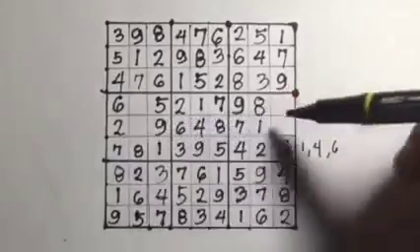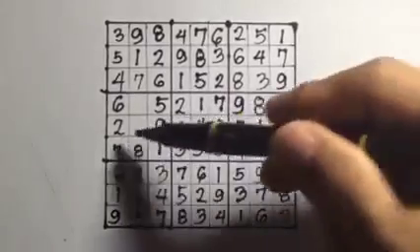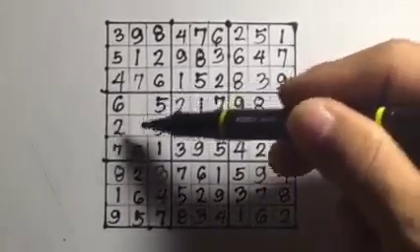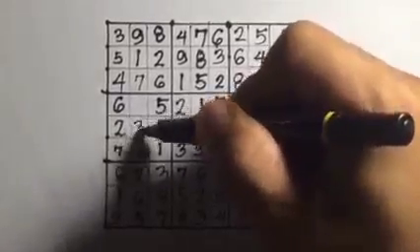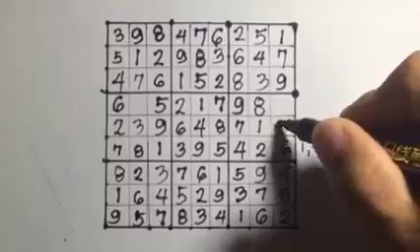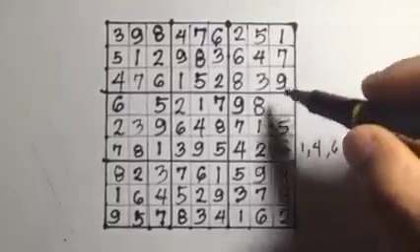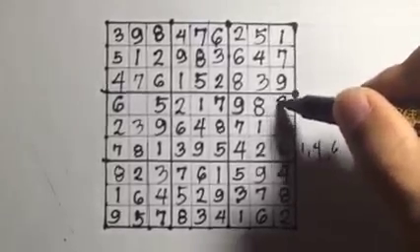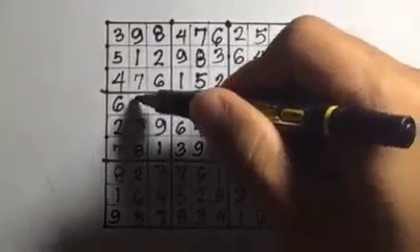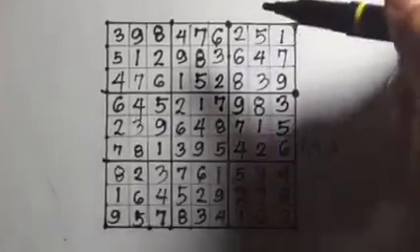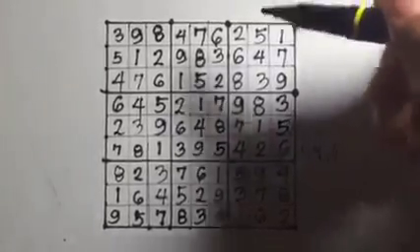Then missing numbers in these two cells in this row are 3 and 5. You have 5 in here, so this should be 3, and in here this should be 5. Then 1, 2, this is 3, and last will be this is 4, and the puzzle is solved.